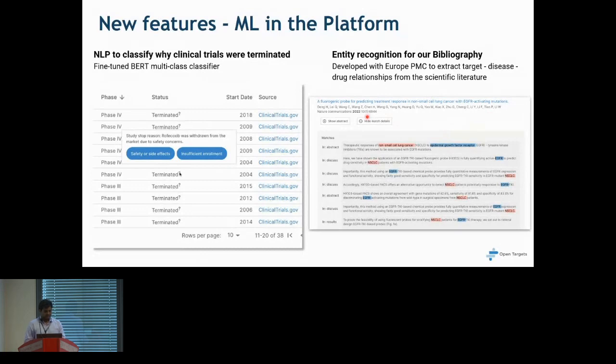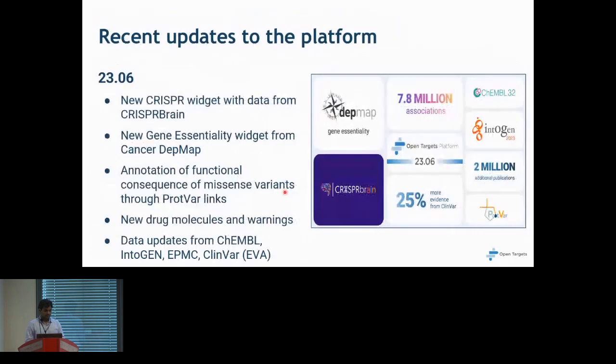So those are recent updates to the platform. Just an example of this, we recently integrated CRISPR data from the CRISPR Brain project. We have a new gene essentiality widget, new drug molecules and warnings from the ChEMBL database, and these are regularly updated.